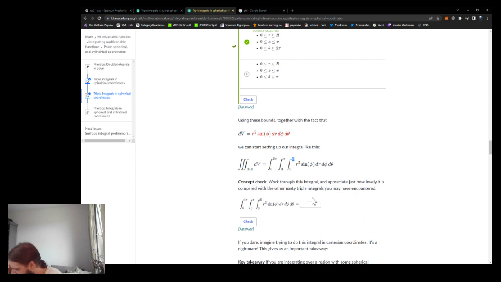I think I can set this to 1, but I'm thinking, why would that be 1? Because the function, oh god, why would it be 1? I mean, why would it be 1?